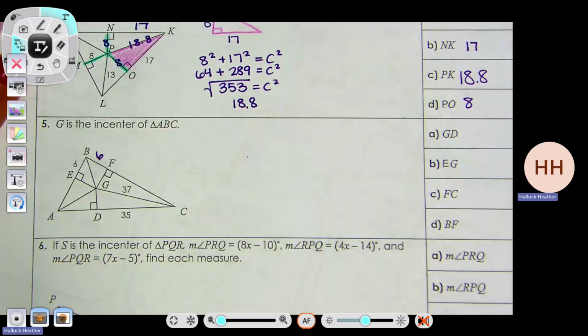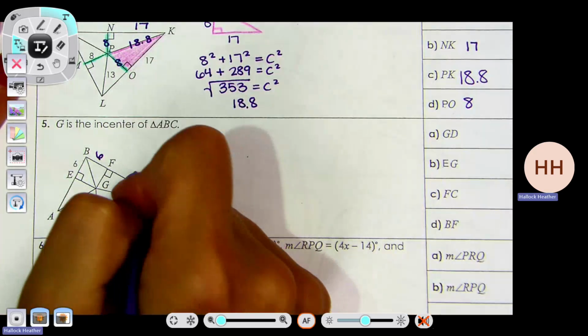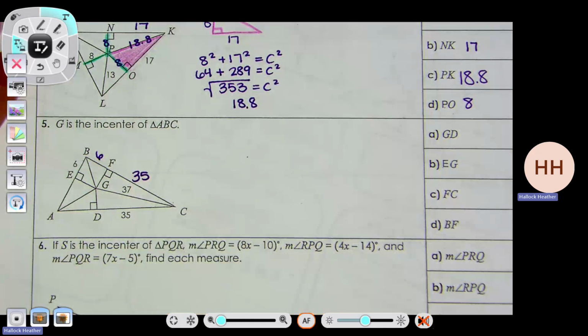EF. Good. Where else can 35 go? FC. Where else can 37 go? Nowhere. 37 is the hypotenuse.